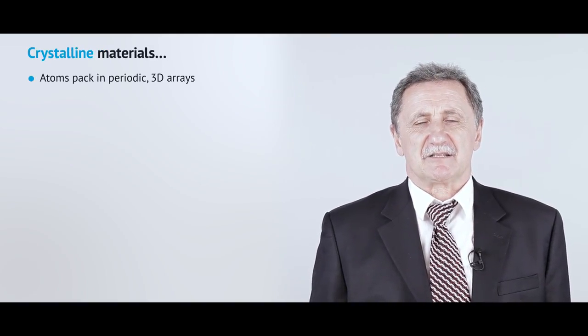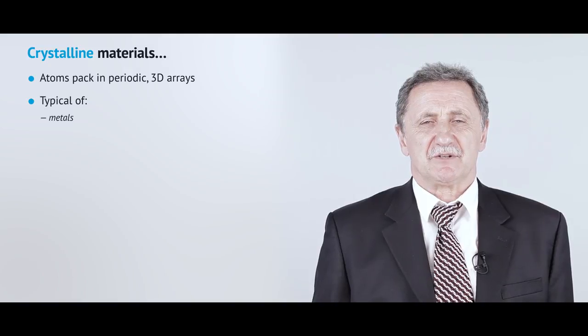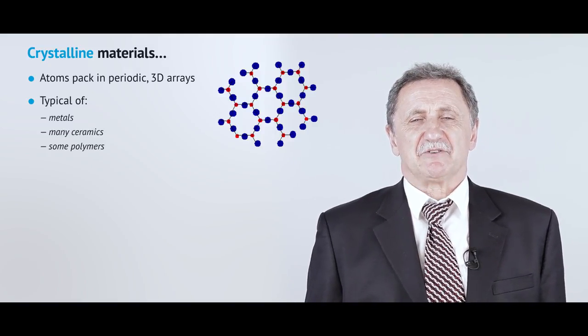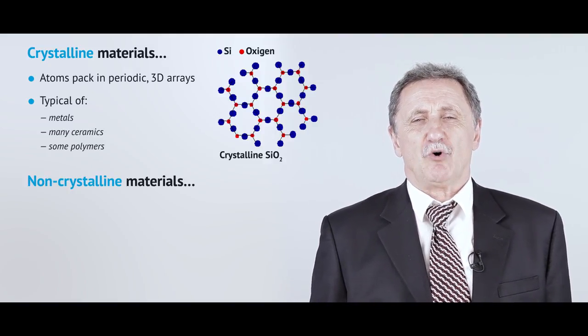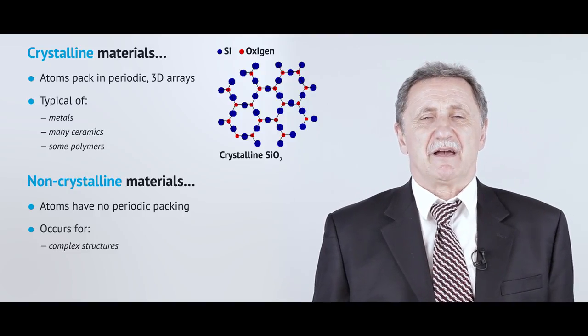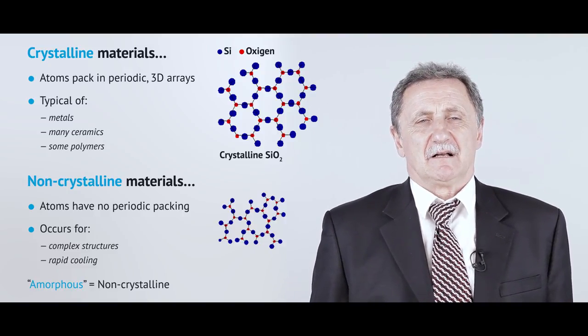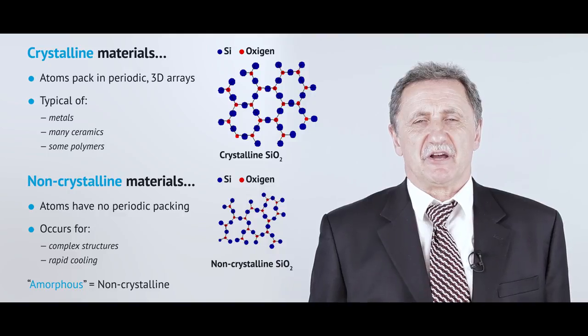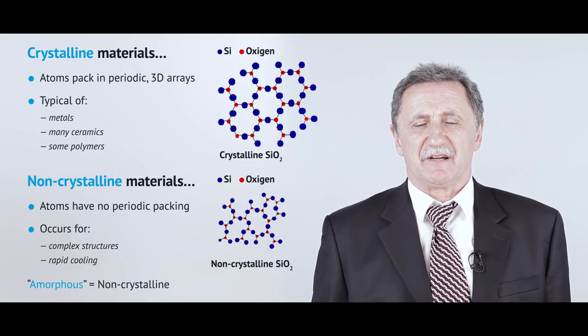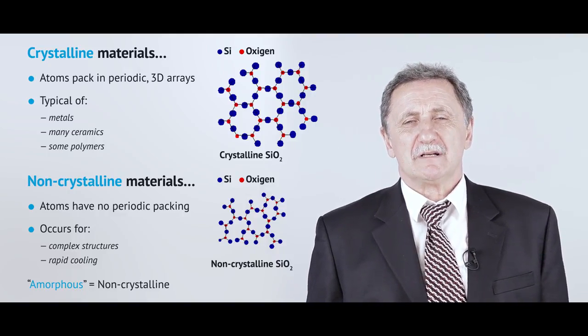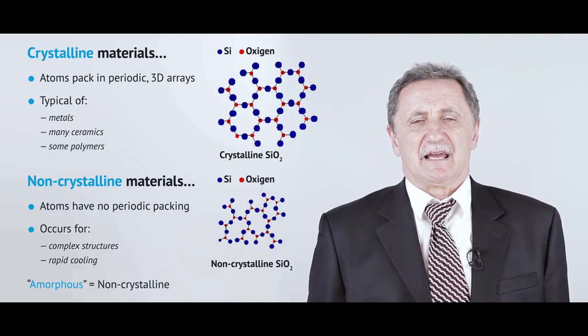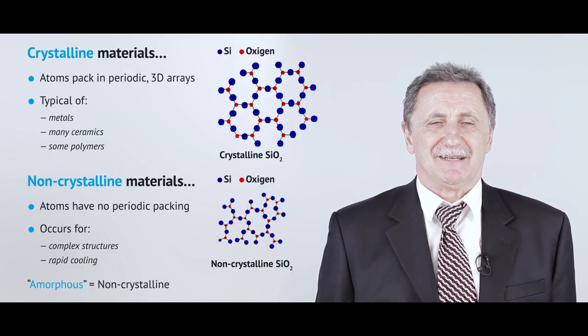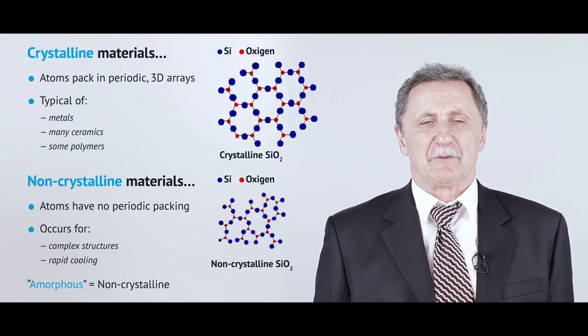This screen demonstrates that the same kind of material, let's say silicon oxide, can be arranged in long periodic 3D arrays. In this case, we are talking about the crystalline structure. Or silicon oxide glasses can be not arranged in this specific periodic packing.